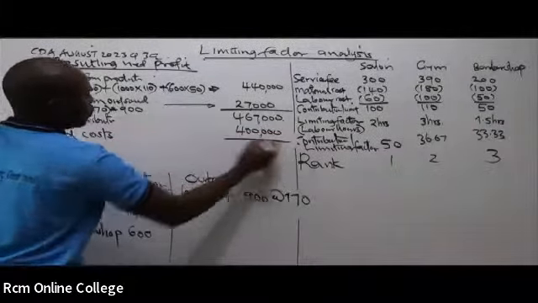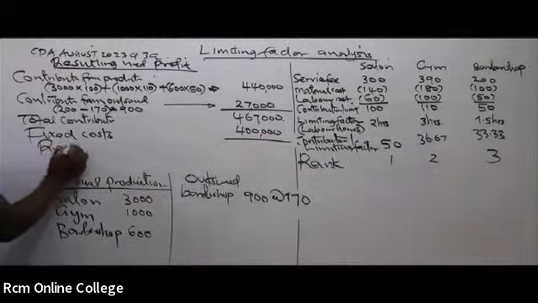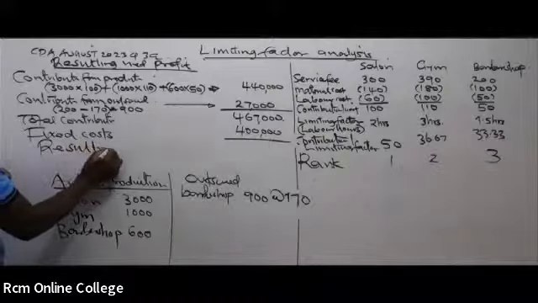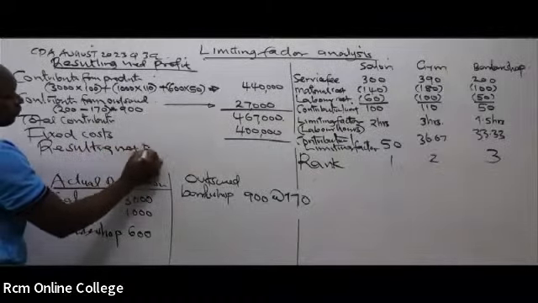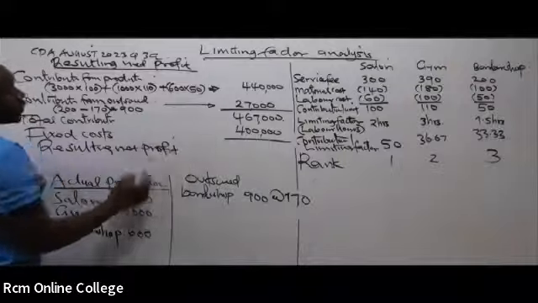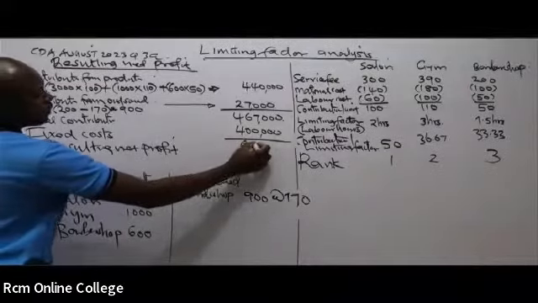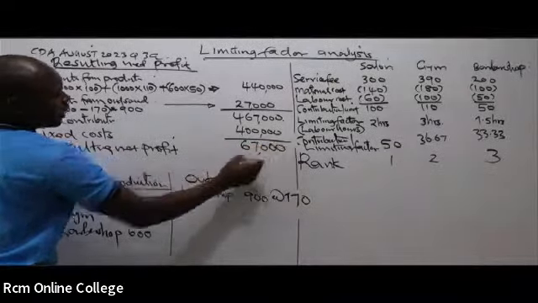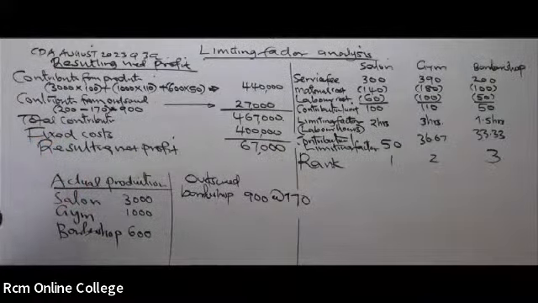All right? So the resulting net profit is equal to 67,000. Are you getting me up to that point?